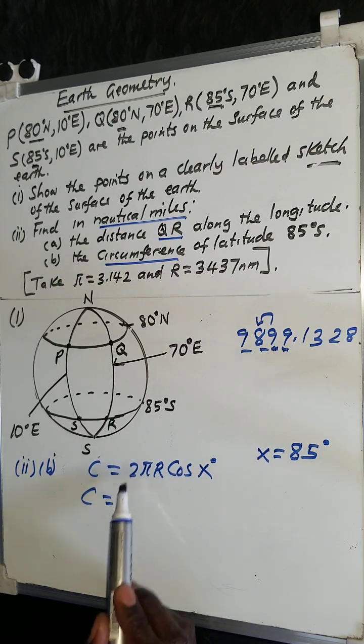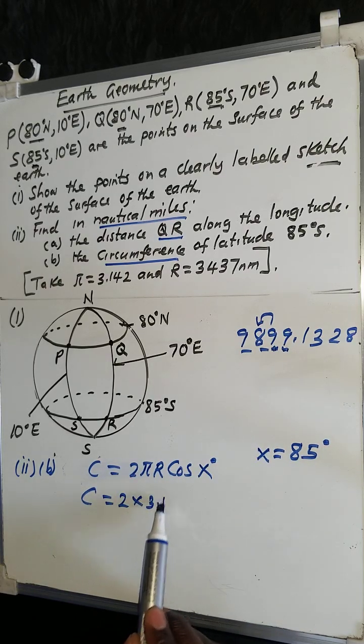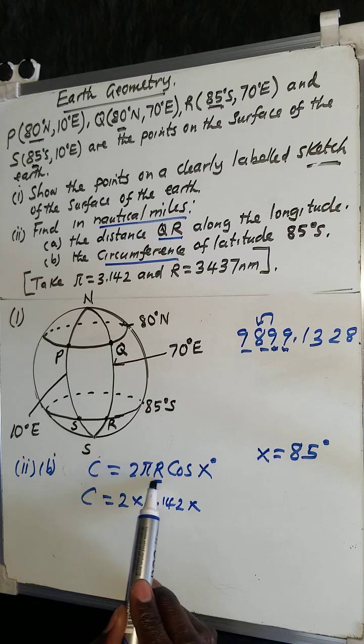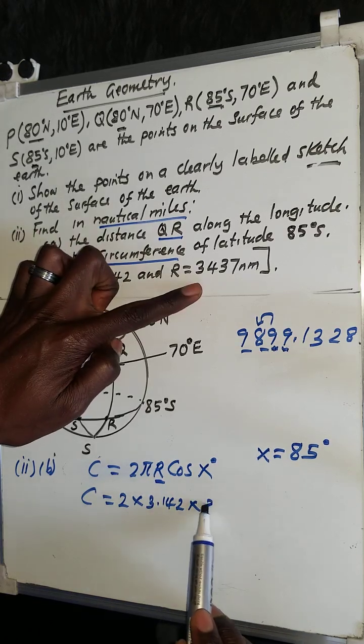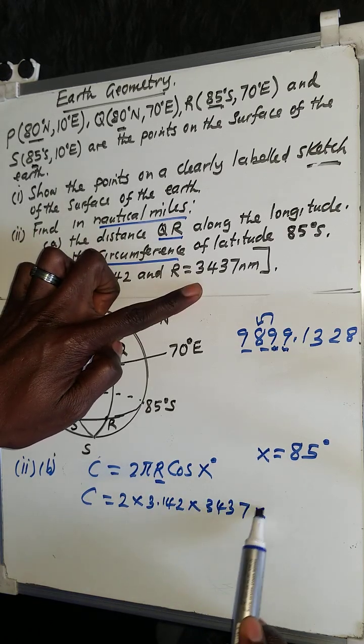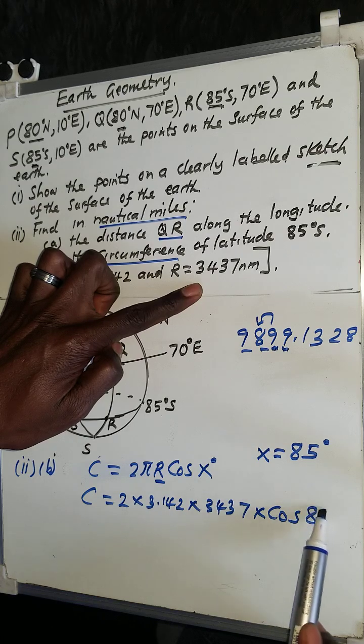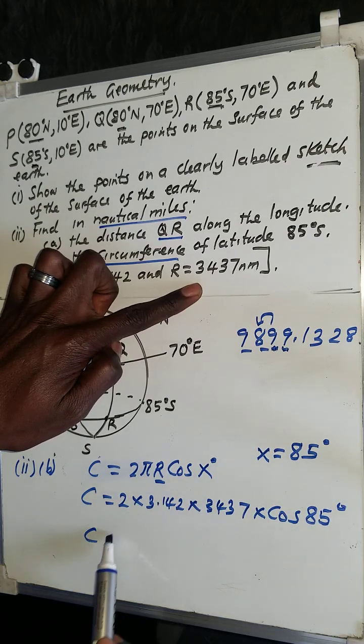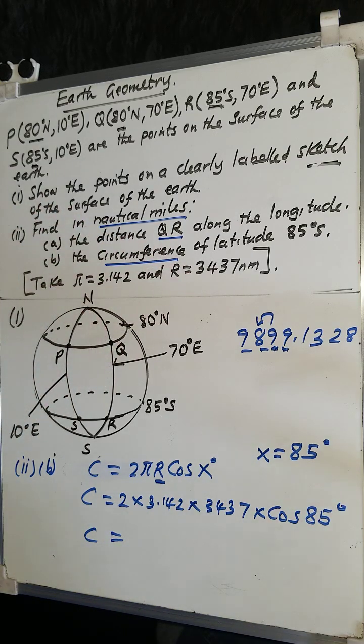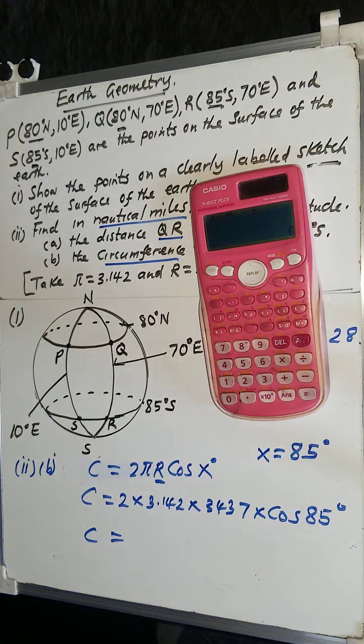So circumference would be 2 multiplied by 3.142 times the radius of the earth, which they have given us there, 34.37, multiplied by cos of 85 degrees. So you can now just try to punch that one on the calculator.